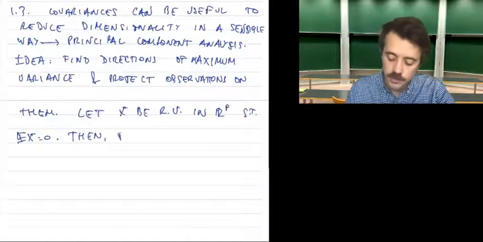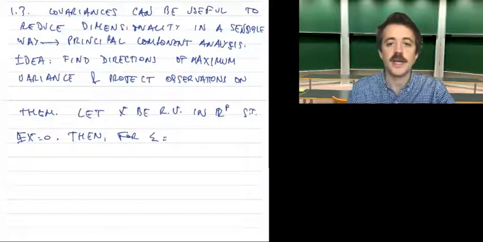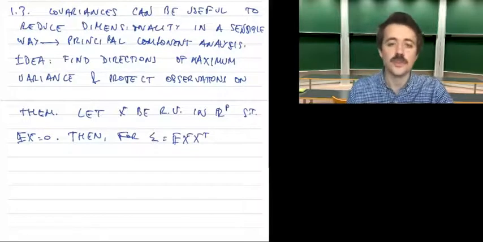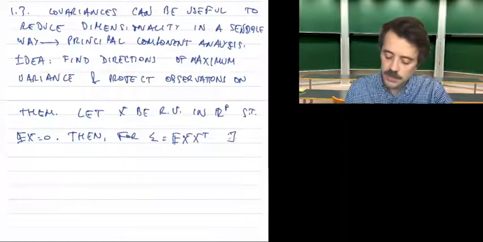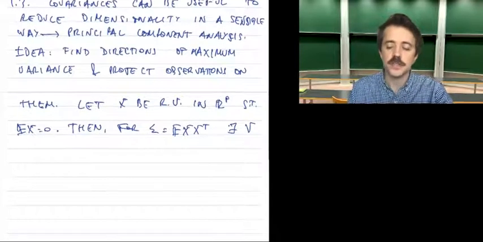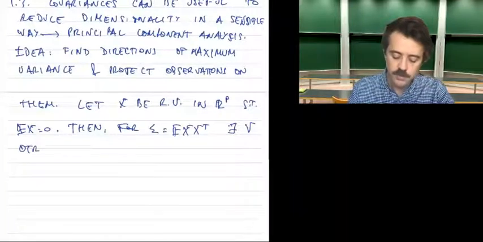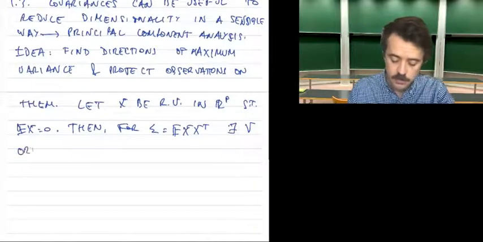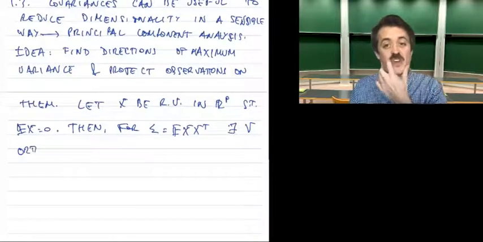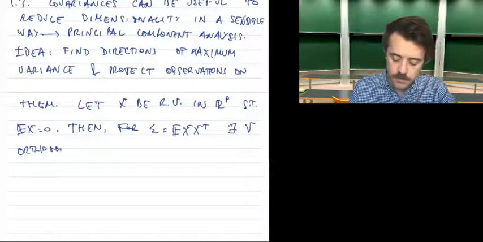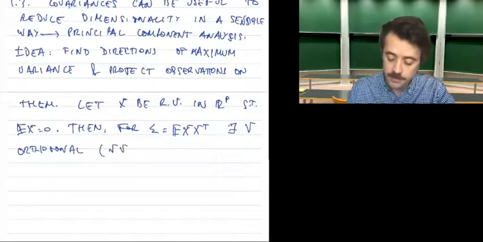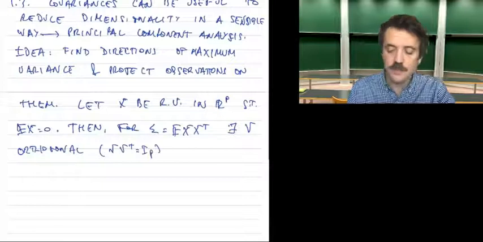For capital sigma being the expectation of X and X transpose, so just the usual definition of a covariance matrix, there exists V, a matrix that is orthogonal, or orthonormal in this case. This just means that if we multiply it by itself, then you get the identity.